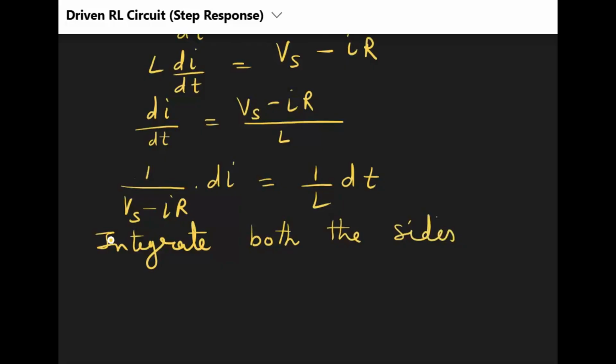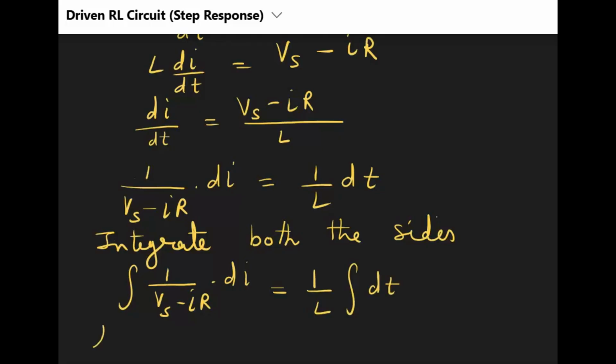On the left hand side, we will integrate with respect to i, and on the right hand side, with respect to t. And here we will get ln of (Vs minus iR), divided by minus R.